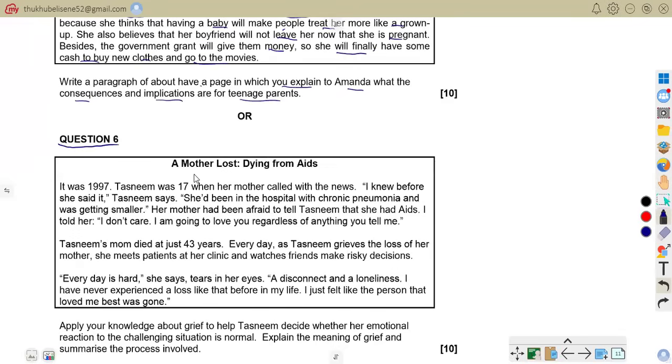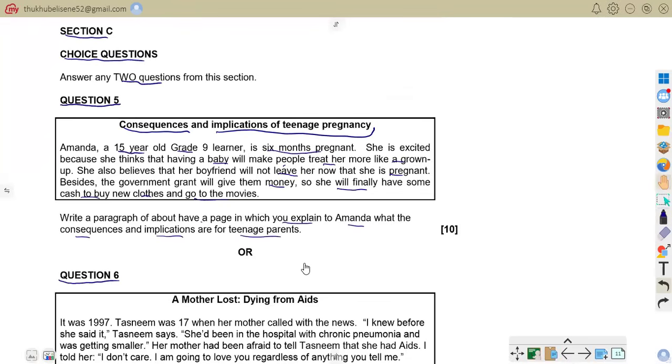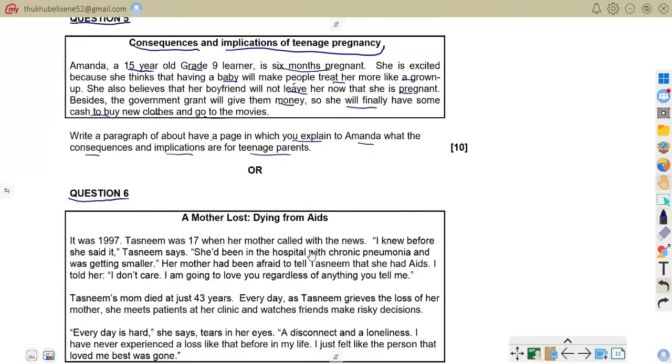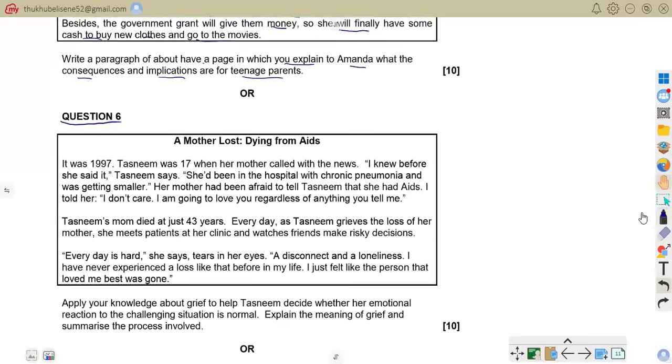Here, like question 5, we are to go through a case study about a girl whose mother is dying of AIDS. It was 1997. Tasnim was stunned when her mother called with the news.